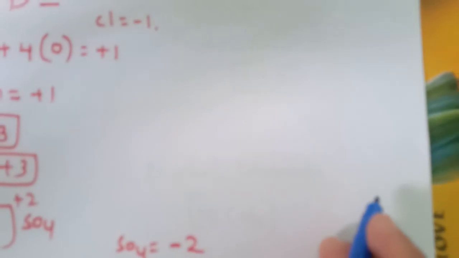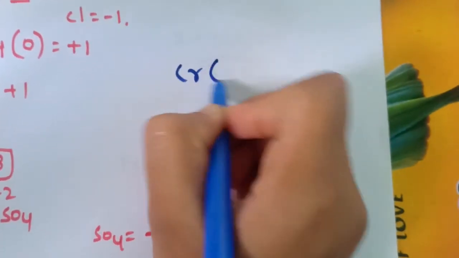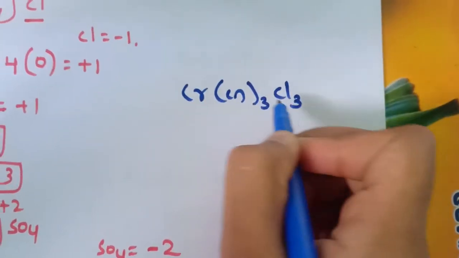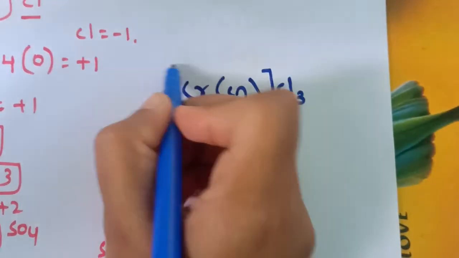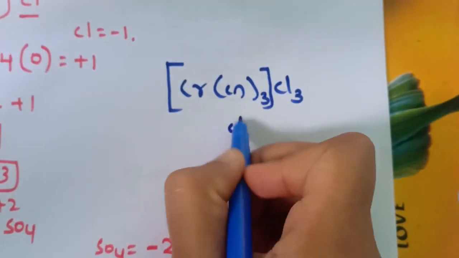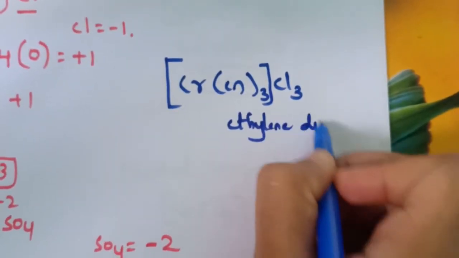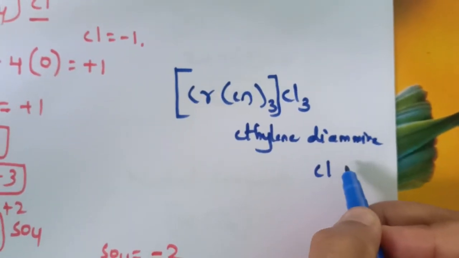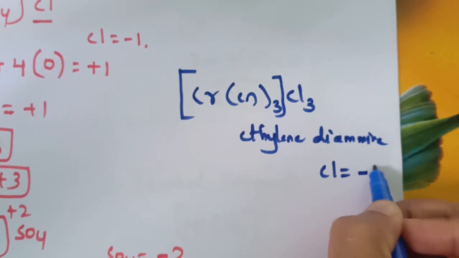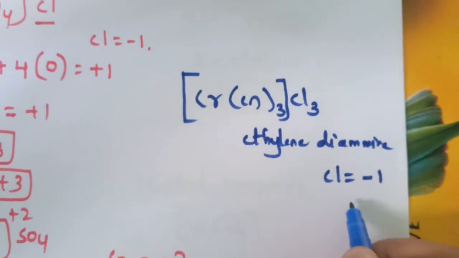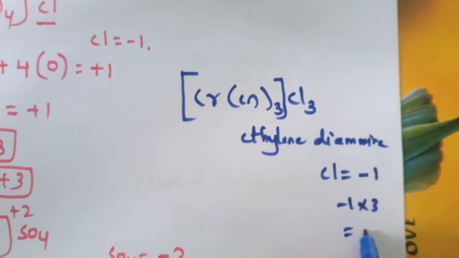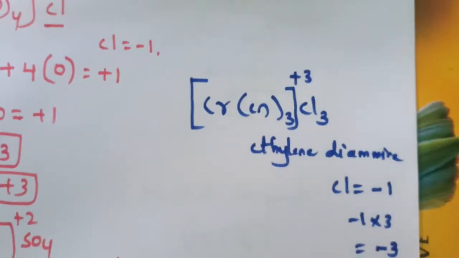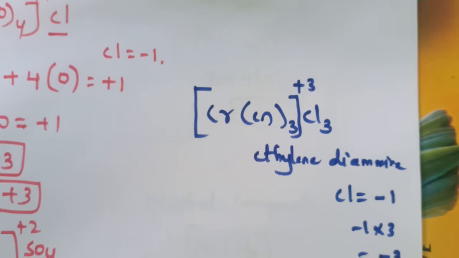Now let's consider another example, [Cr(en)3]Cl3. Here en means ethylene diamine. Cl is the negative counter ion, Cl minus 1. The number of Cl's here is 3, so minus 1 into 3 becomes minus 3. So the charge of the complex ion becomes plus 3, exactly opposite of the counter ion.